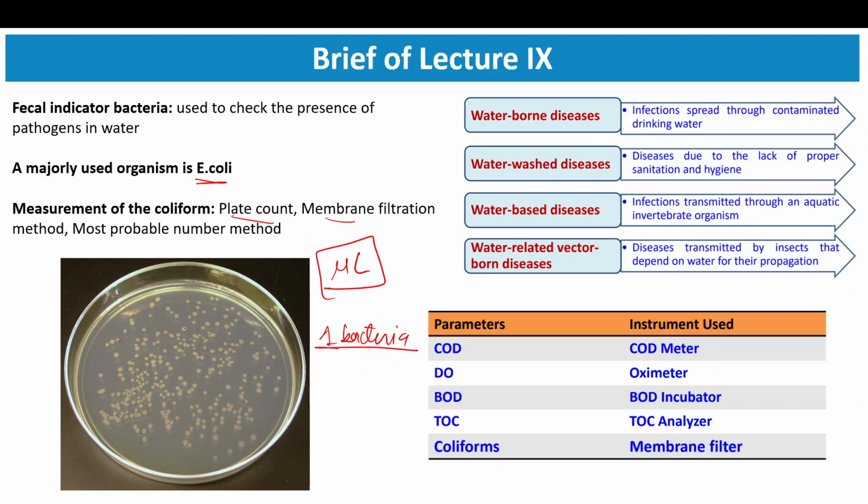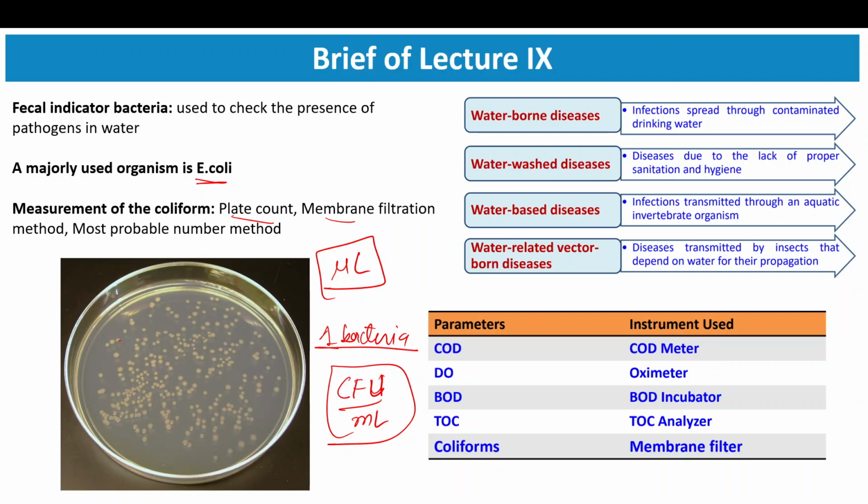So now you count all these cells, and whatever you get is nothing but the number of colony forming units, CFU per ml, which is the concentration, right? So this many bacteria or this many microbes, you can say, are present in this water, right?